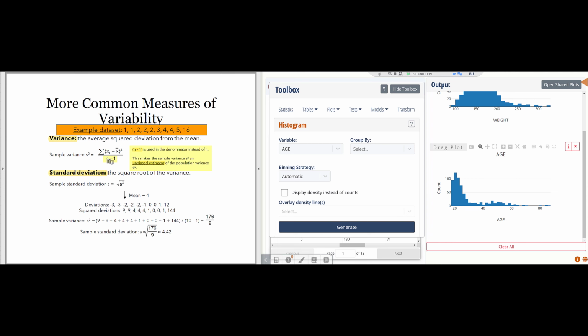And it turns out that because you're using a sample, you have to use this kind of fudge factor of n minus 1 in your denominator to account for increasing uncertainty in your sample variance as your sample gets smaller and smaller.